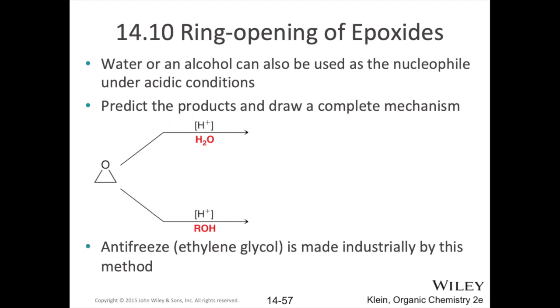So as long as we have acidic conditions, we make that epoxide even more ready to open up. Even a weak nucleophile like water and alcohol can be used as our nucleophile.